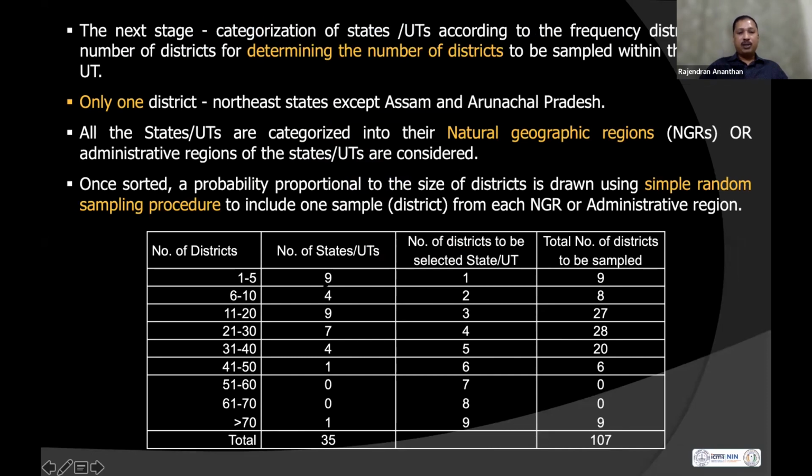Therefore, in each of them we have selected one, which covers 9. Like that, there are different states which fall under different district ranges. Based on that, we identified the number of districts to be sampled. It covers almost 107 sample collection spots or districts.